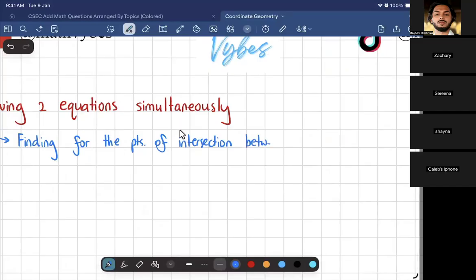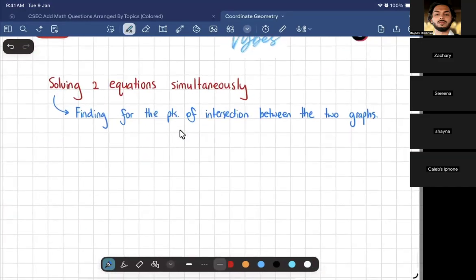Finding the points of intersection between the two graphs. Now, you're going to be faced with two kinds of questions. Number one, linear and linear.